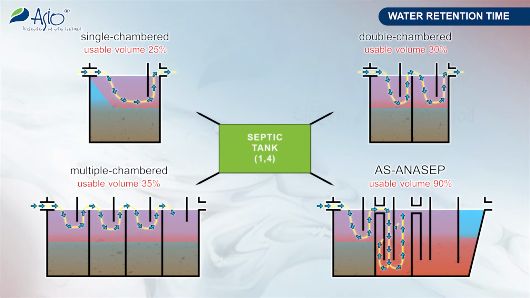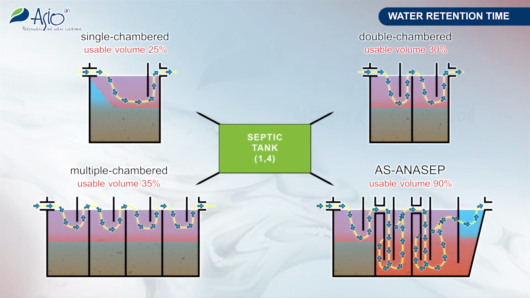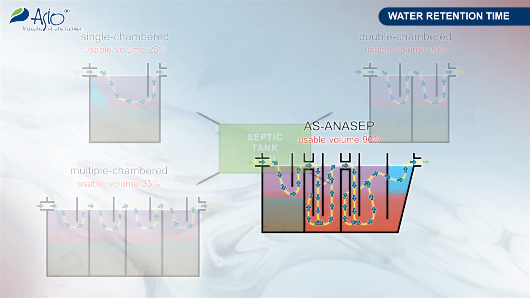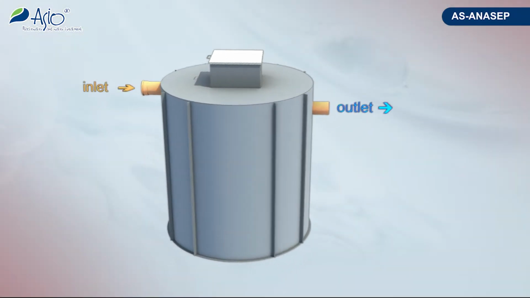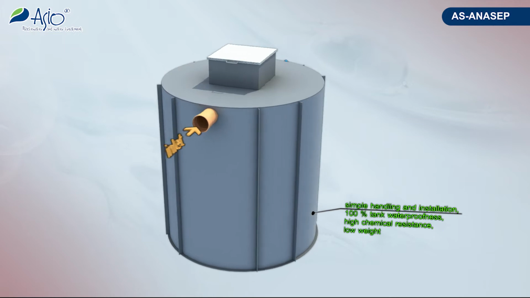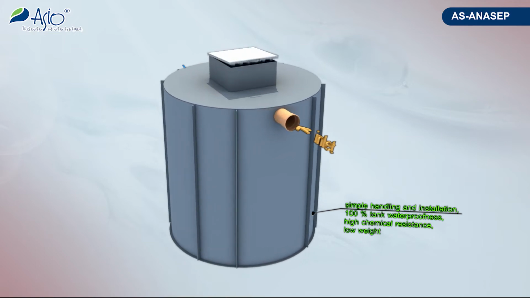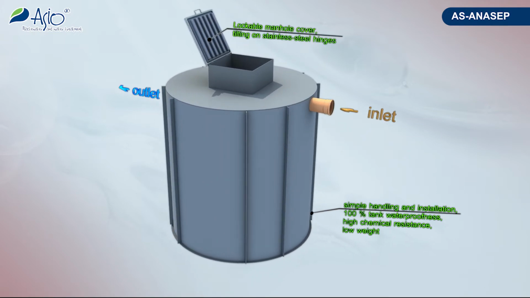The septic tank performance is given by the efficiency of its volume utilization. That is, by the retention time of treated wastewater in the tank, which is directly connected with a layout system preventing the occurrence of short-circuit streams. In the framework of the ANASEP project, the AS-ANASEP Septic Tank was designed by the use of mathematical modeling and consequently verified in practice.